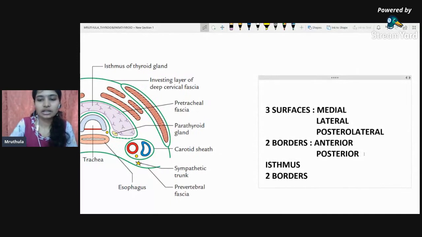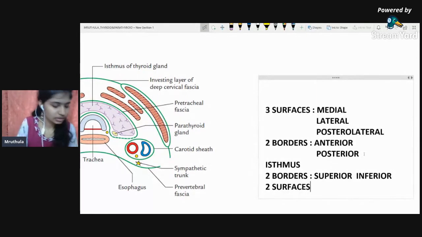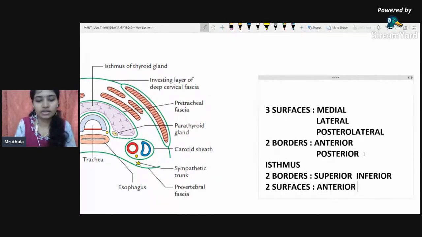Obviously, there is a superior and an inferior border. And again, you can tell it by yourself, what could the two surfaces be? Those are the anterior and the posterior surface.